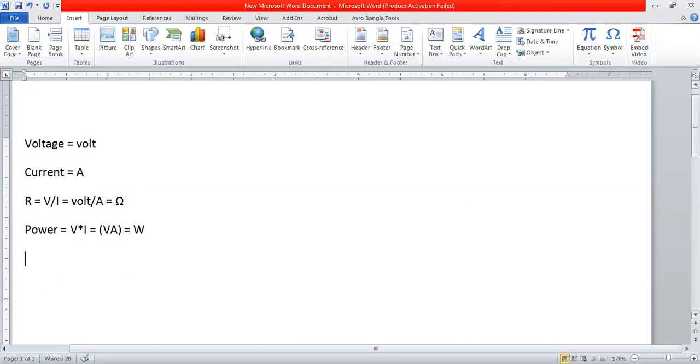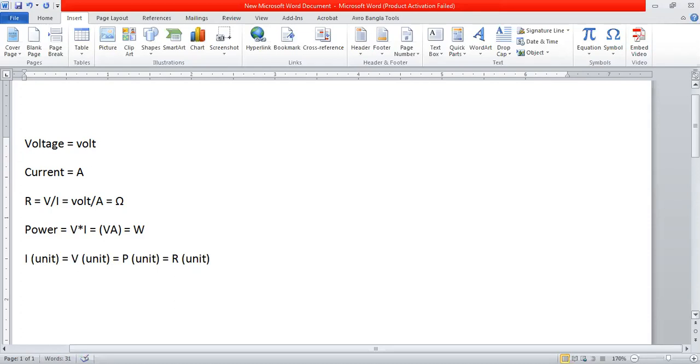So per unit means the unit of current should be the same as the unit of voltage, should be the same as the unit of power, and should be the same as the unit of resistance.